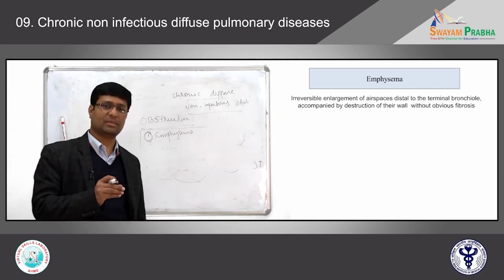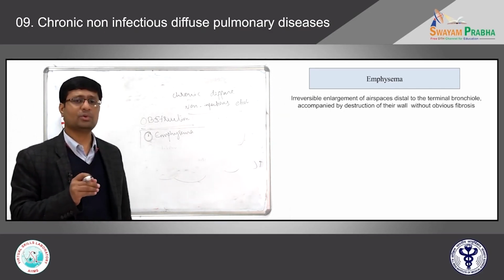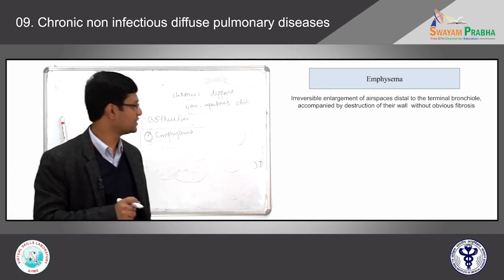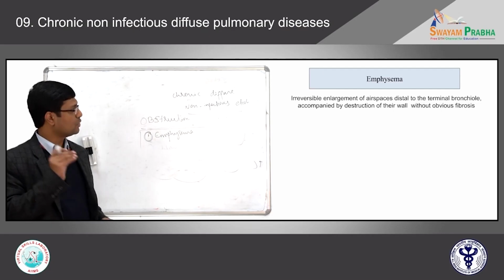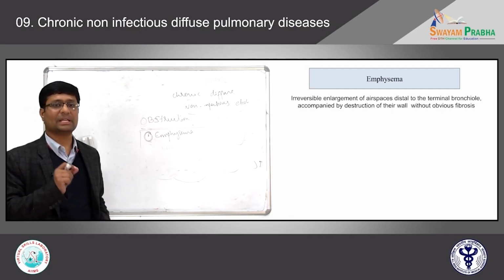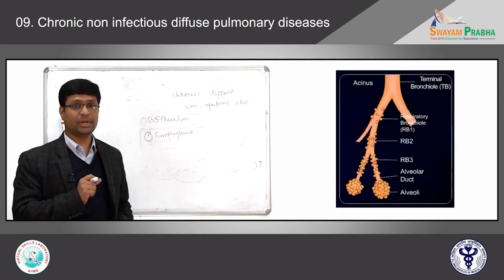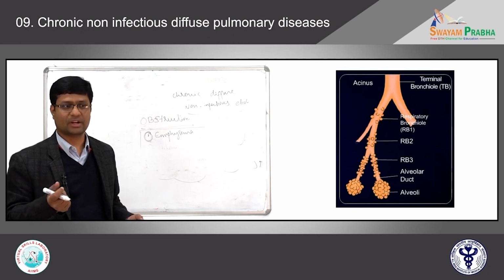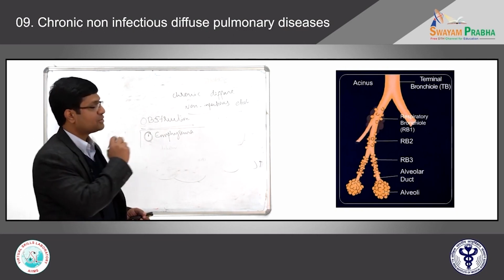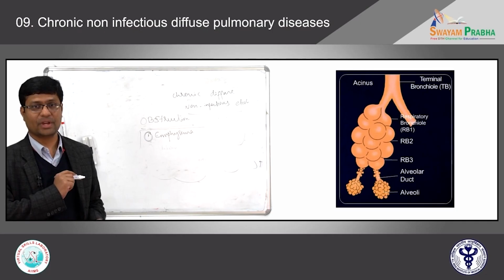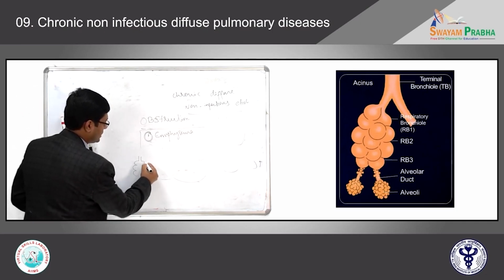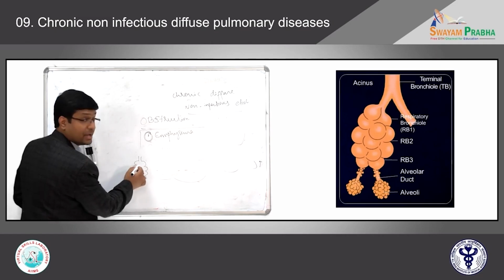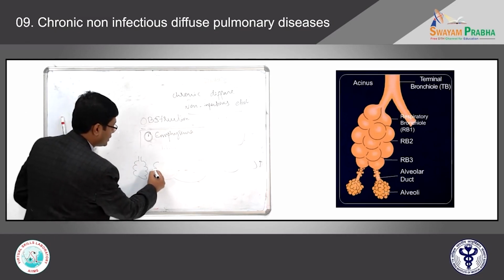What is emphysema? If you want to ask me the definition of emphysema, all of you can see there. It's very clear-cut. Each word is very important. It is irreversible, that means it cannot be reversed back. Enlargement of air spaces. There is a respiratory unit, alveoli. These spaces will be enlarged.